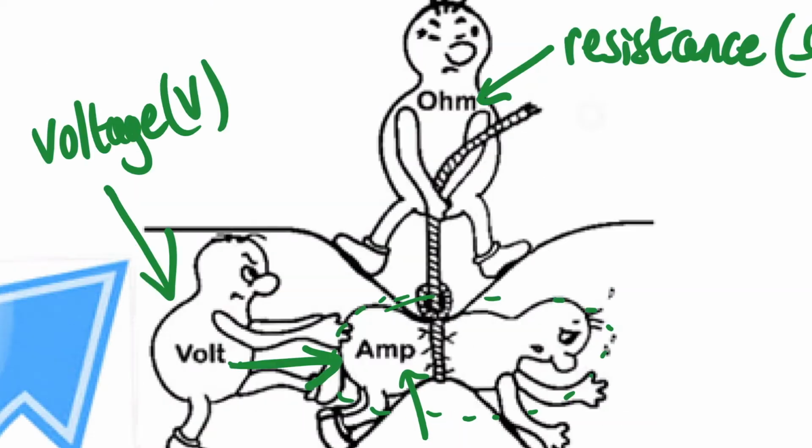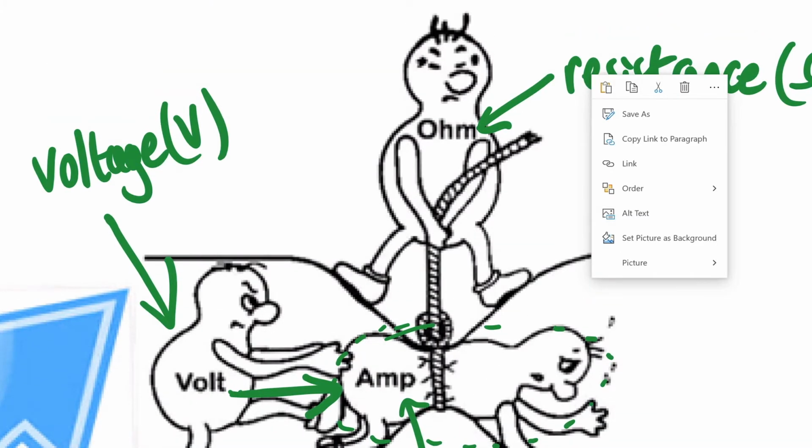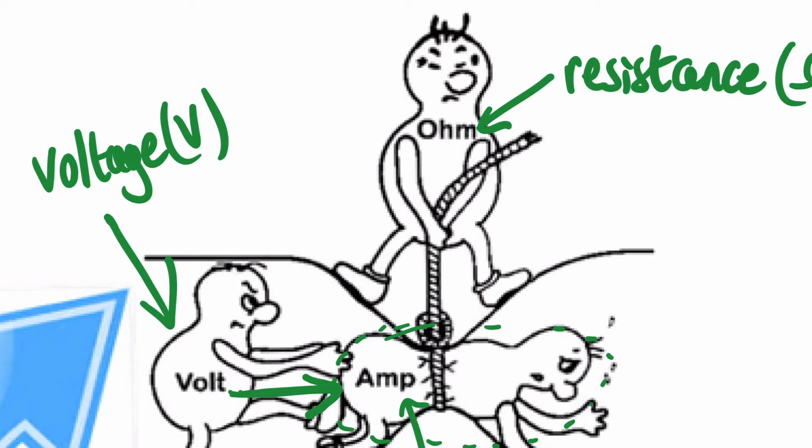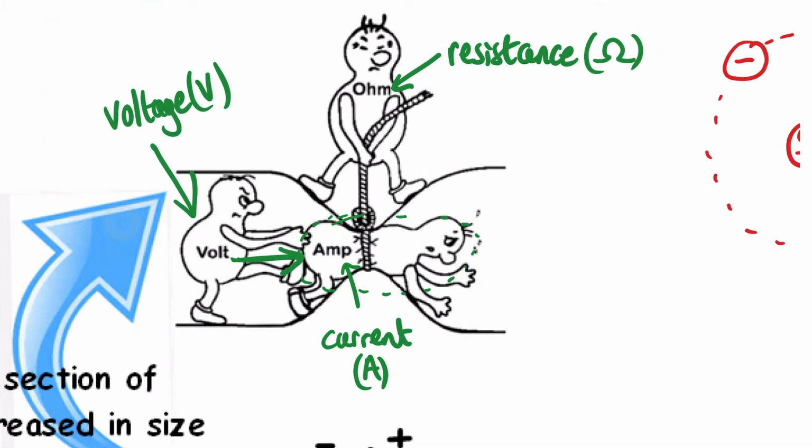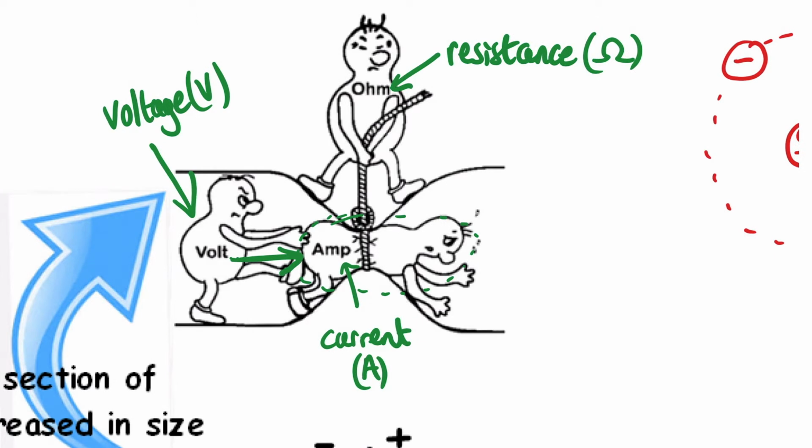And you've got Mr. Resistance up here trying to stop him moving. And that's really what electricity is. It's difficult to understand sometimes because you can't see it. It's abstract. So what we have to do in science is use an example, an analogy to help us understand.